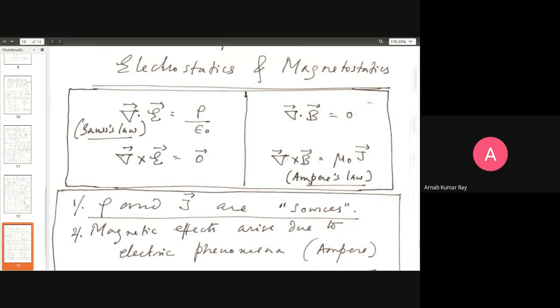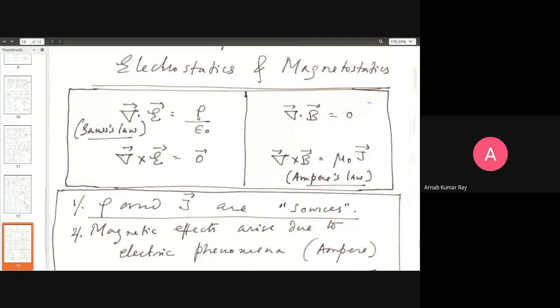Now what about the right-hand side? You can see that there is a diagonal kind of symmetric behavior. This has got rho, and this has got rho by epsilon naught. And here on the right-hand side, epsilon naught is replaced by 1 upon mu naught, therefore mu naught goes in the numerator. And rho, charge density, is replaced by cross-sectional current density.